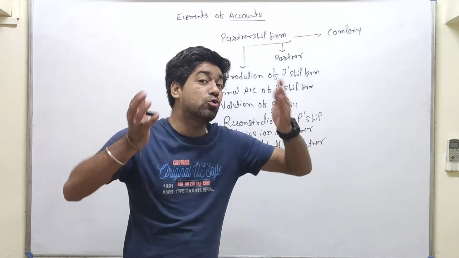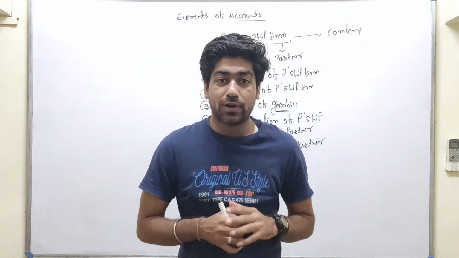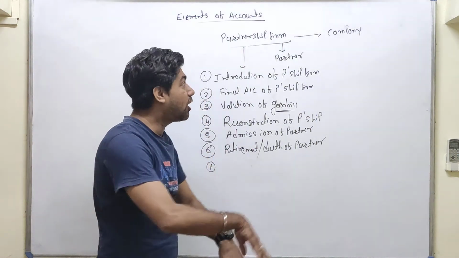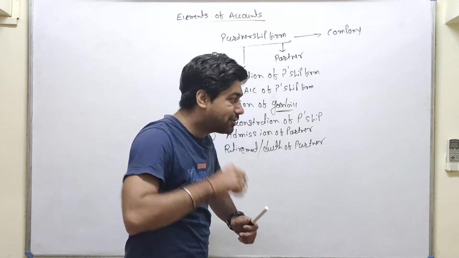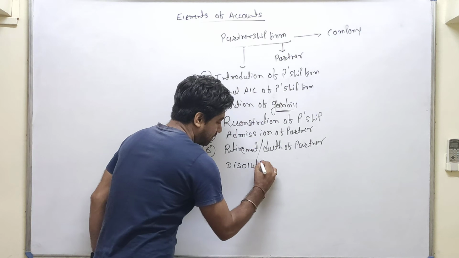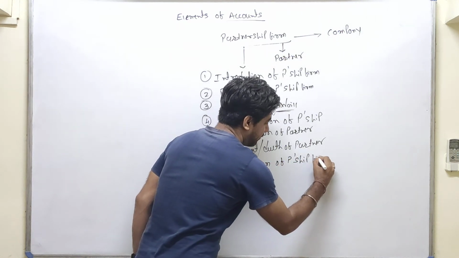Whenever we have to close down the business, we have to follow some rules and regulations, and how we can dissolve our partnership firm, we will learn in the dissolution of partnership firm.